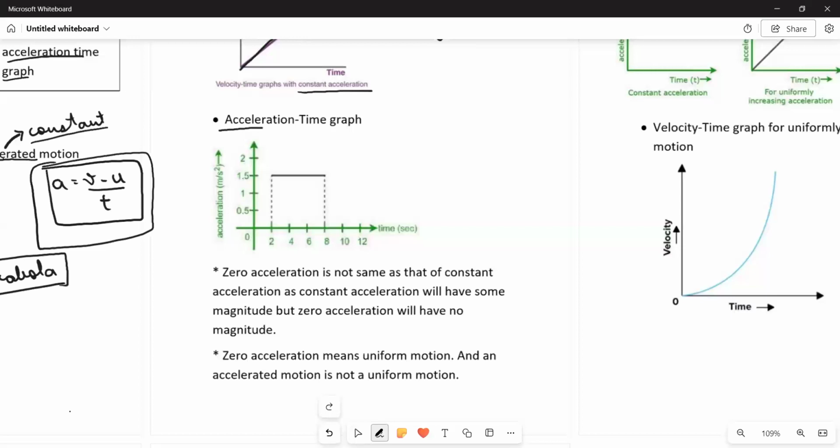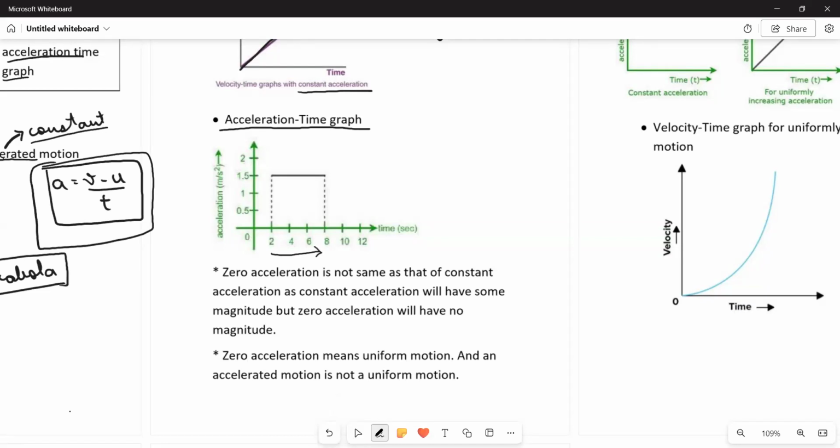We'll now see how we'll plot the acceleration time graph. See, as it is a constant acceleration, it means there is no change in the acceleration as time increases. So acceleration is constant.